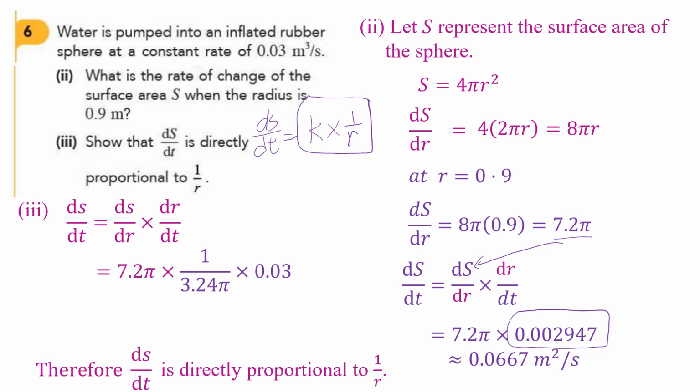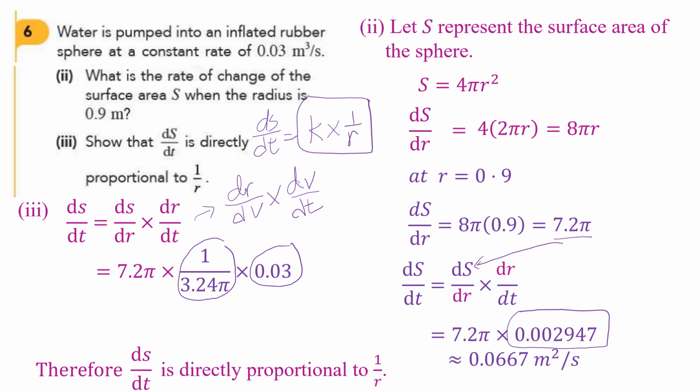By substituting 1 over 3.24 pi times 0.03 for the dr over dt, because earlier on your dr over dt is the dr over the dv times dv over dt, and the dr over the dv is this value here, and dv over dt is this value. So you just leave it as the original form. Okay, original form.